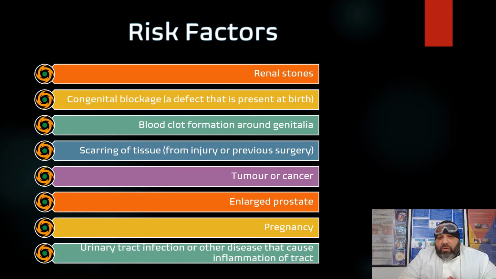There can be blood clot formation around the genitalia as well, as one of the risk factors. Scarring around the tissue, for example from injury or previous surgery, and tumor or cancer can also be risk factors.